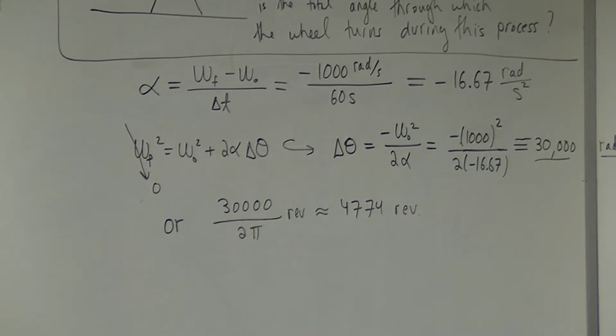The other game that can be played here, though, that's kind of new, is they can give you things in terms of the tangential velocity or the tangential acceleration, right?